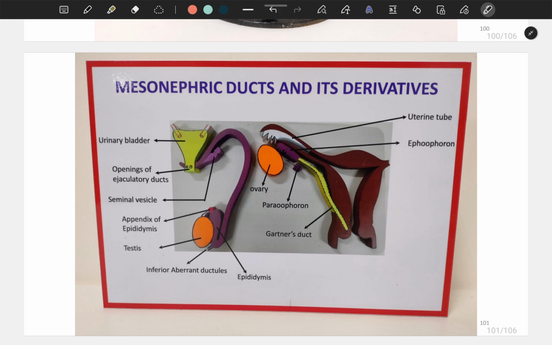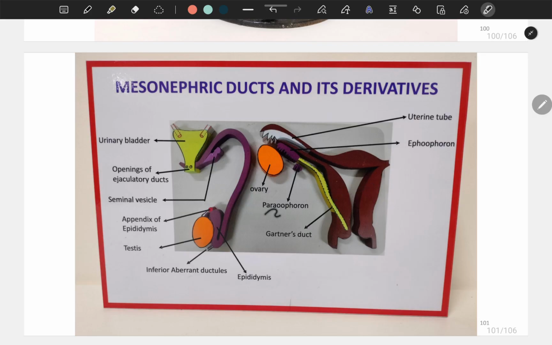The first derivative, which is important, is the appendix of the epididymis. Okay, in the epididymis there is a tubercle. This is called the appendix of the epididymis, and seminal vesicle, ejaculatory duct, and vas deferens also. Okay, and inferior aberrant ductules. It will also form derivatives.